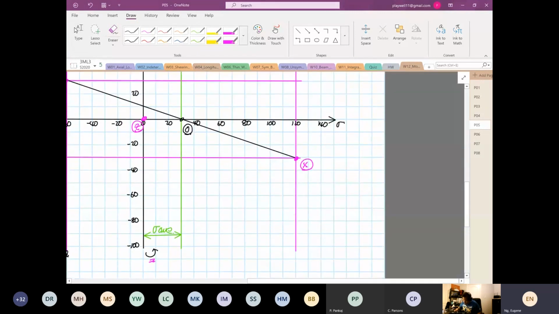So again, I don't want you to remember any formula. So just observe. We know the distance from here to here is equal to 30, right? And then the distance from here to here is 20, 40, 60, 80, and it's going to be equal to 90, right?